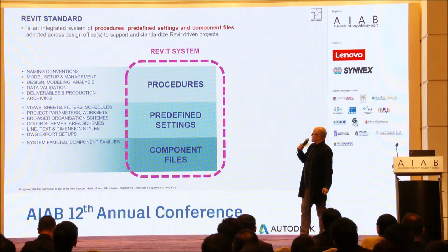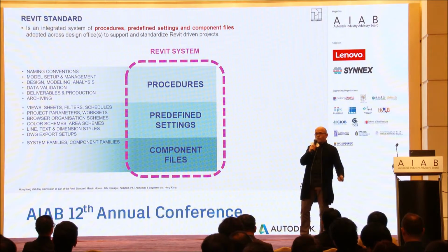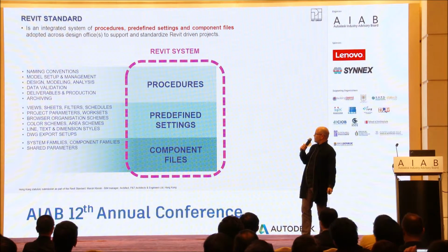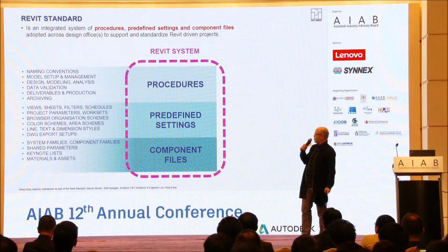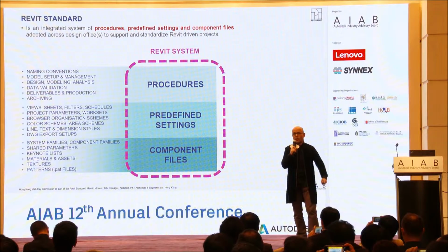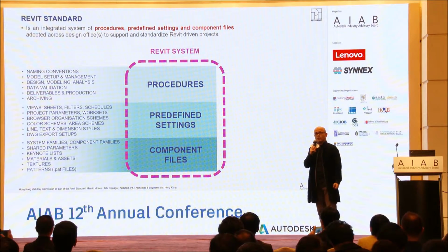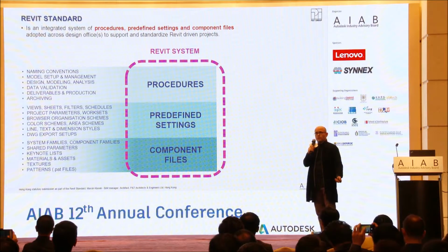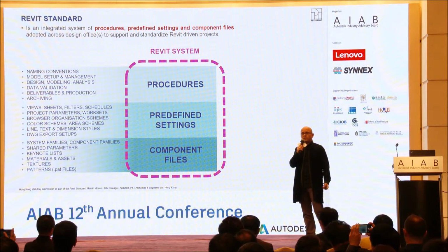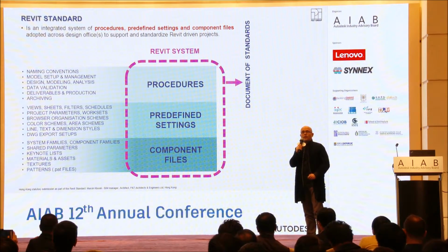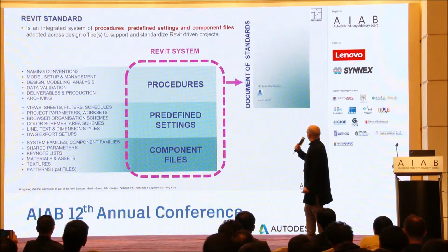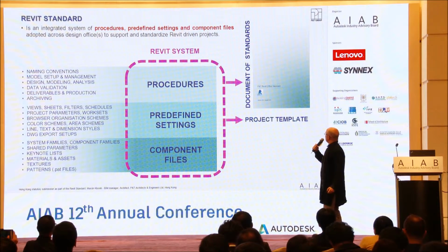And component files, which include system families, component families, obviously shared parameters, keynote lists, materials and assets, textures, and patterns. I'm talking about the external PAT files, not the patterns which you can create in Revit, which are limited, to say the least.